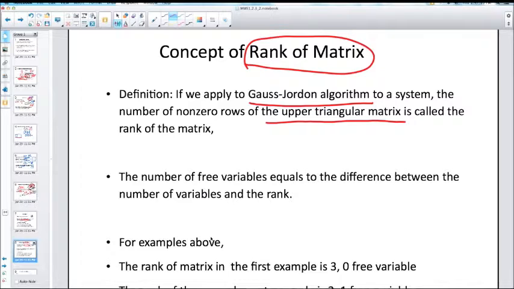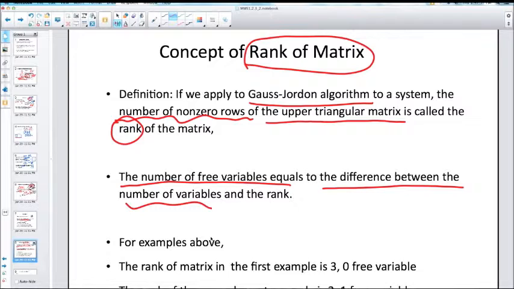The number of non-zero rows is called the rank of the matrix. So in our example 2, the rank is 2, and the variable number is 3, and then your free variables is 1. So the rule is the number of free variables equals the number of variables minus the rank of the matrix.